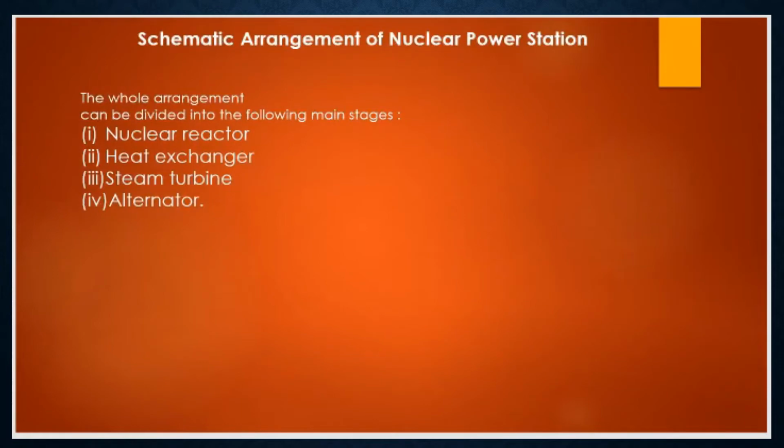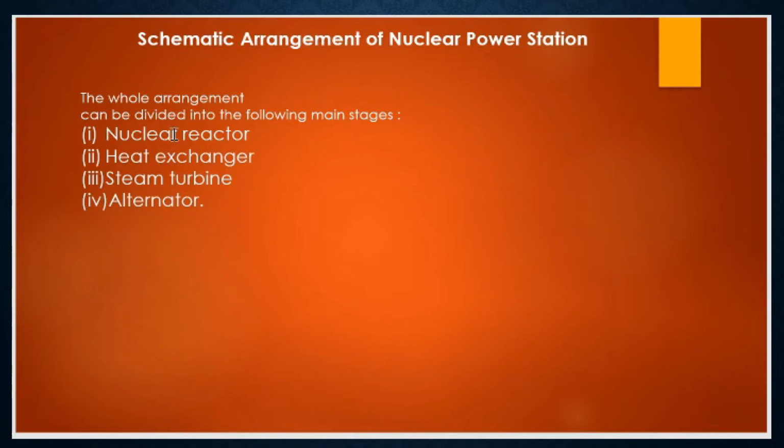Going into the nuclear power plant station schematic arrangement, the four main parts of the nuclear power plant are: one, the nuclear reactor; second, the heat exchanger; third, the steam turbine; and fourth, the alternator. The alternator and steam turbine we have already seen in steam power plants, how the steam turbine is used to run the alternator.